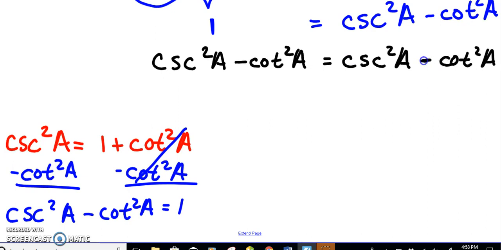Wow. It equals each other. So therefore, it is an identity. And we proved it. We verified that it is an identity. Since we used our identities to solve this identity, we did it. Novissima. We did it.